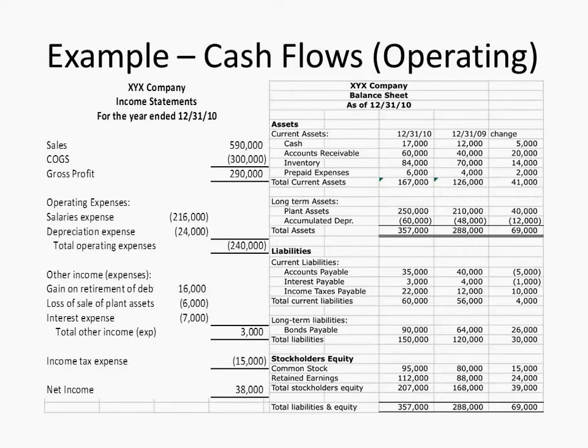I'm trying to get you to think, how do you put something on the cash basis? Because one of two things could have happened. You could have debited wages expense and credited cash, or you could have debited wages expense and credited wages payable. Okay? This is cash basis. This is accrual basis. You have to back out the payable.